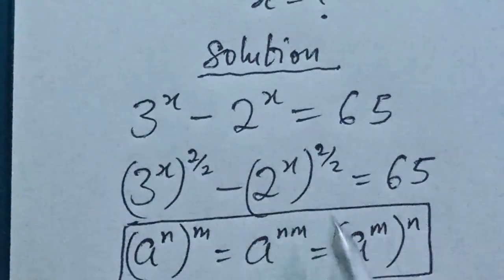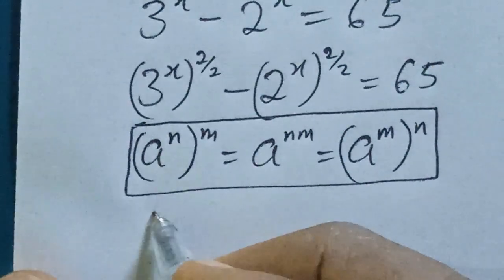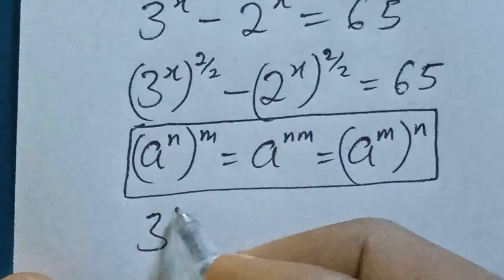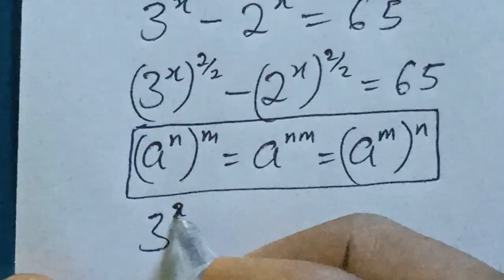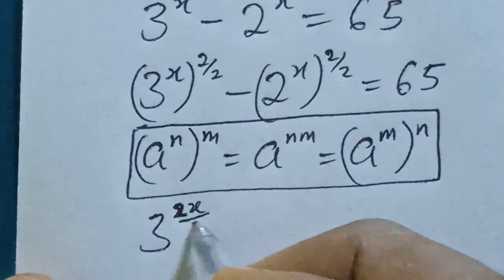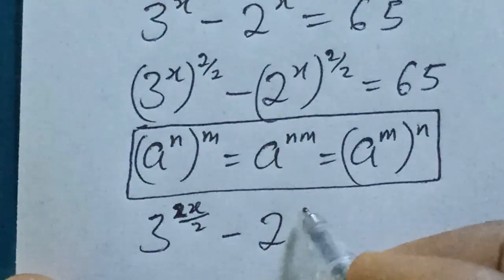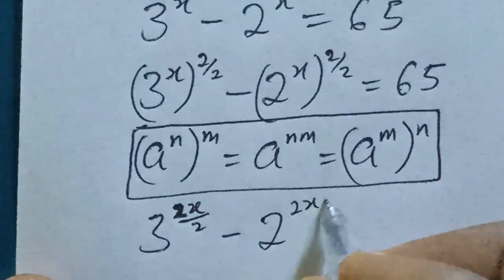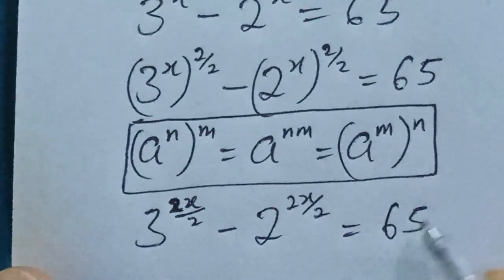To approach this, the next step is 3 raised to power x, that is 3 raised to power 2x over 2, minus 2 raised to power 2x over 2 equal to 65.